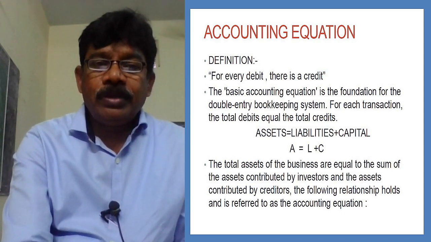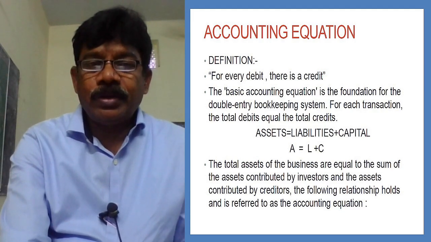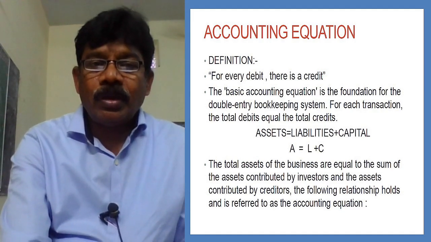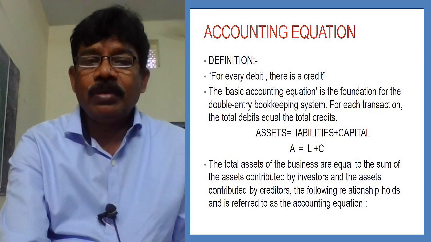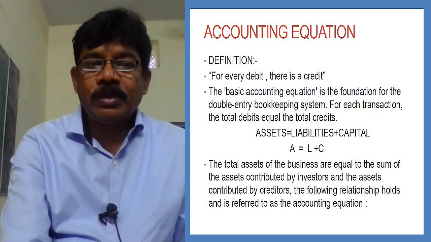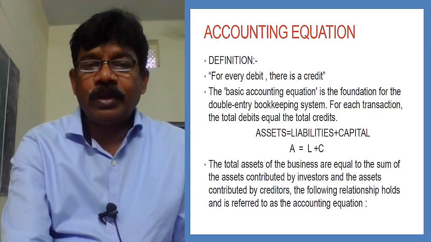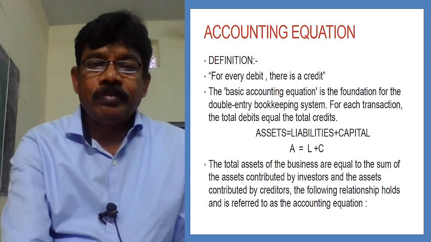Okay, Ramesh purchased goods on credit, 50,000. The entry is purchase account debit to some X party or Y party name.